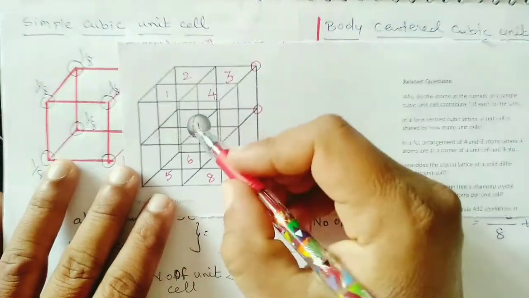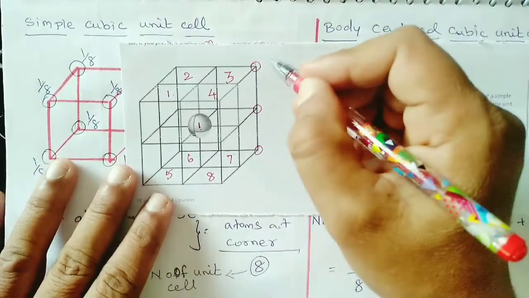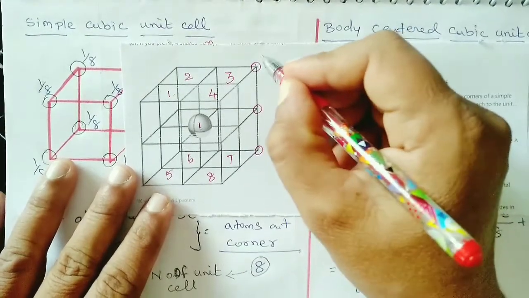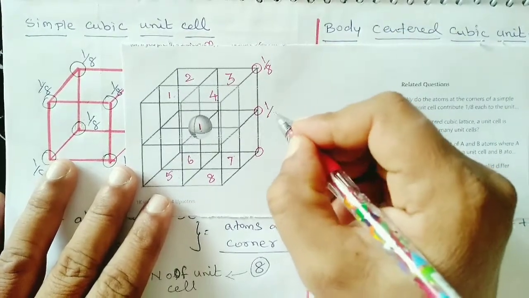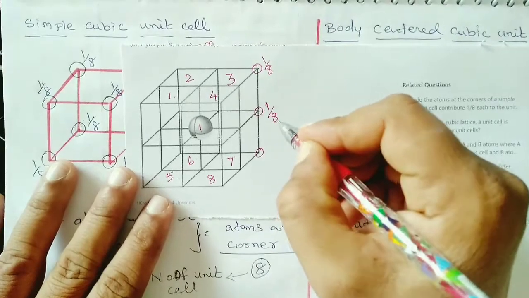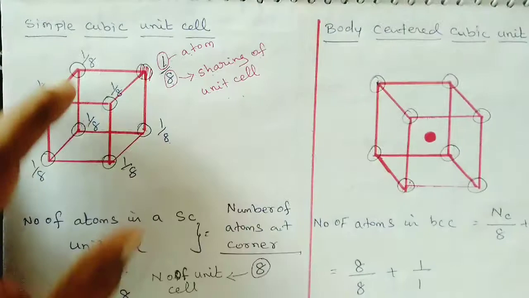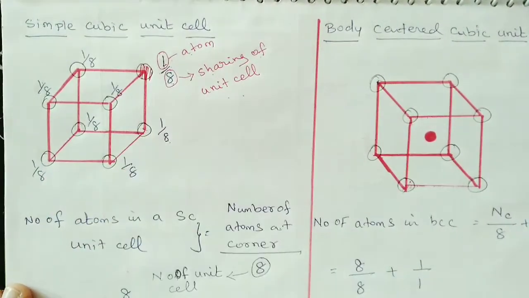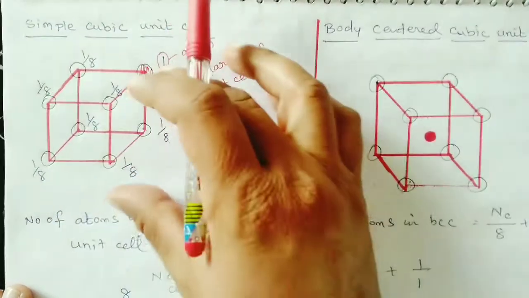In this manner each remaining corner atom is shared by 8 unit cells, so 1 divided by 8 again. We take only 1 unit cell as an example.